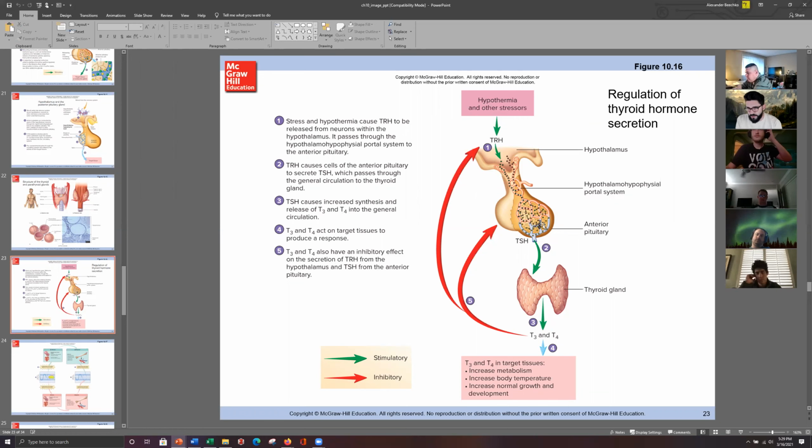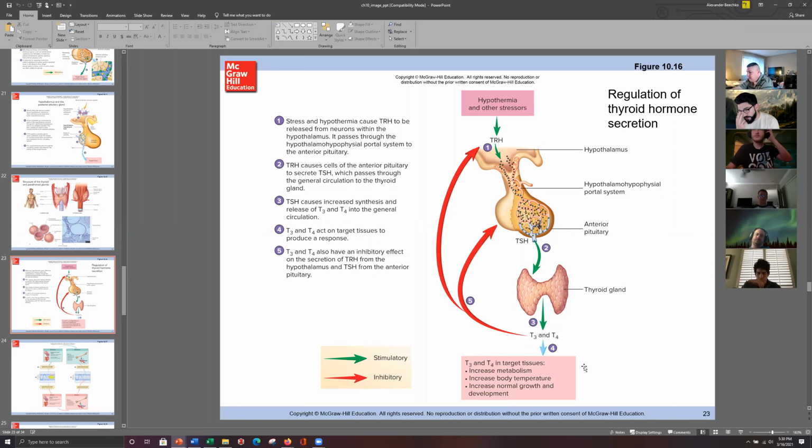So then it gets the go-ahead to release thyroid stimulating hormone, which activates the thyroid gland, which says, all right, now we can produce T3 and T4. So again, increasing things like metabolism, body temperature, and normal growth and development. At the end of the lecture today, we'll talk a little bit about some representative disorders of the thyroid gland.